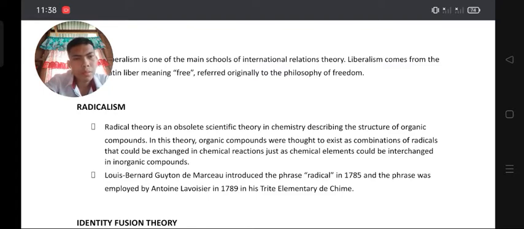Louis Bernard Guyton de Morveau introduced the phrase radical in 1785, and the phrase was employed by Antoine Lavoisier in 1789 in his Traité élémentaire de chimie.